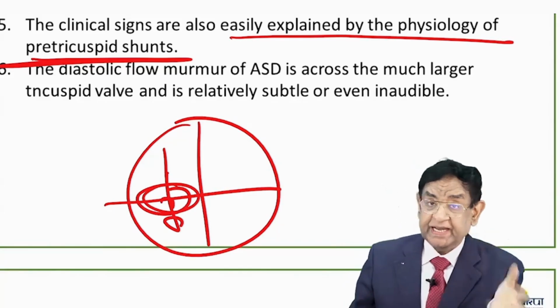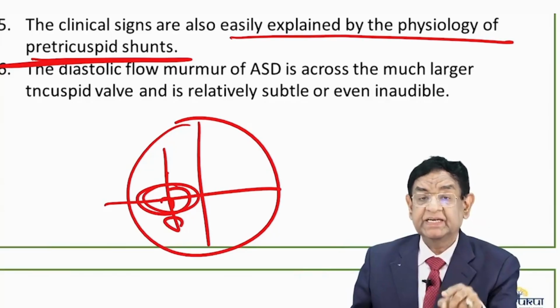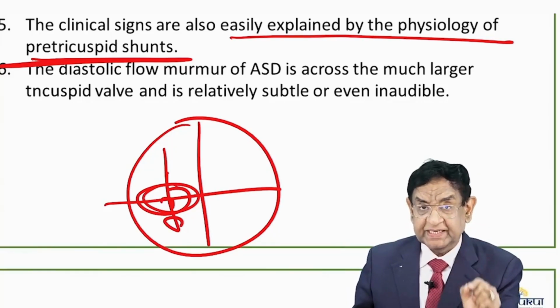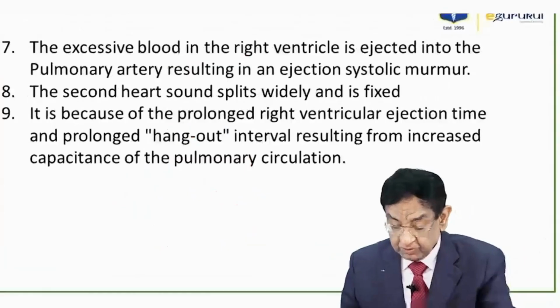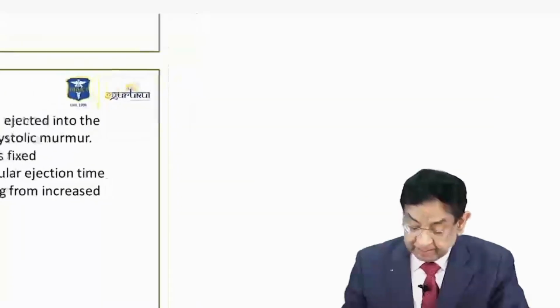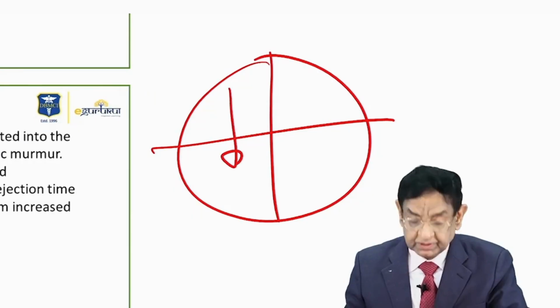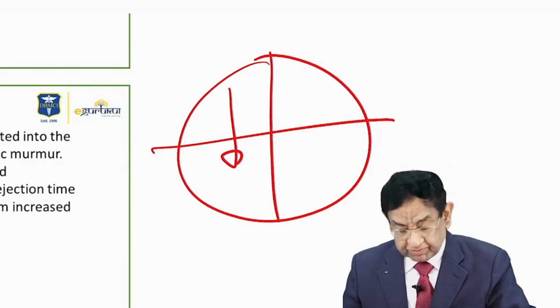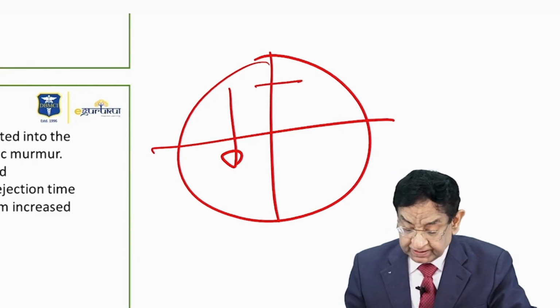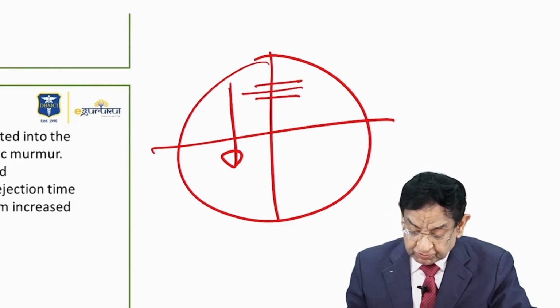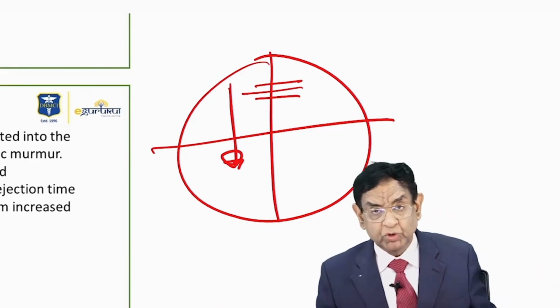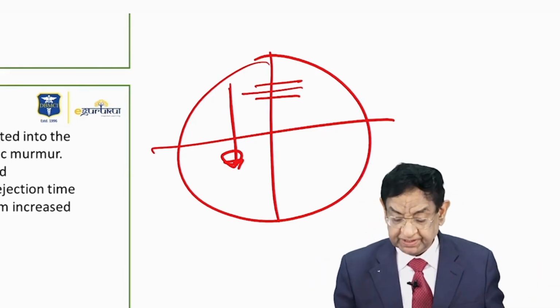But this again will come in the later stage. It will not be there in early infancy. Now, what happened? Blood is coming from the right atrium to the right ventricle. Of course, I'm talking about older children or adults.